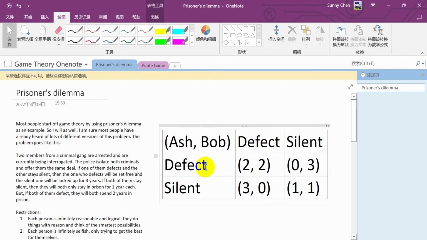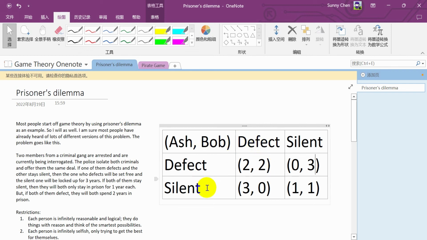Okay, so this table is quite important, so let me talk about it again. So if Ash defects, Bob can choose to either defect or stay silent. Bob thinks, if defecting makes me stay in prison for 2 years and staying silent makes me stay in prison for 3 years, Bob would want to stay in prison less, so he would choose to defect.